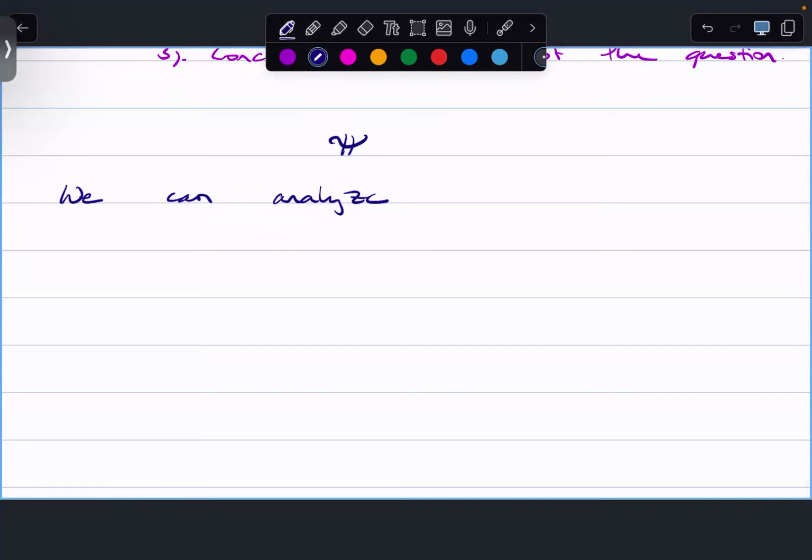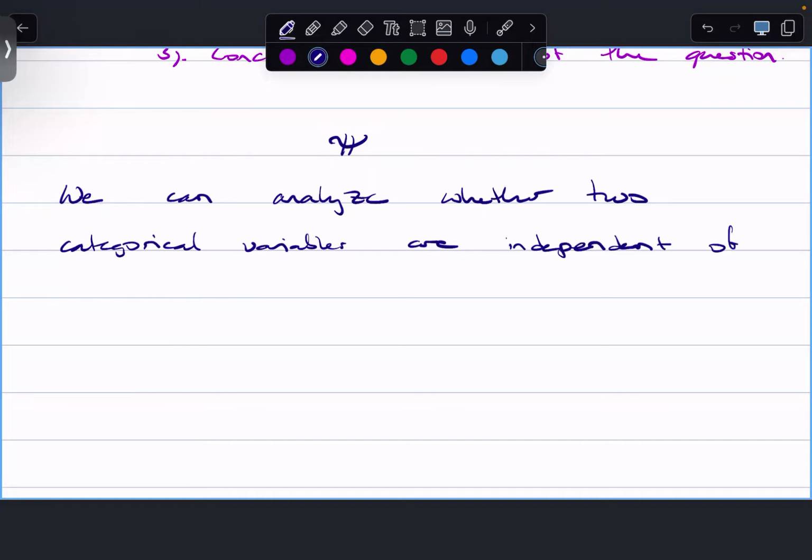So we can analyze two categorical variables, and we can analyze whether two categorical variables are independent of each other using a chi-squared test of independence.